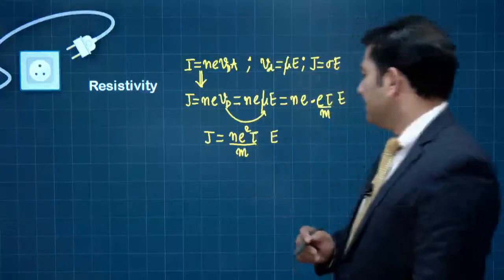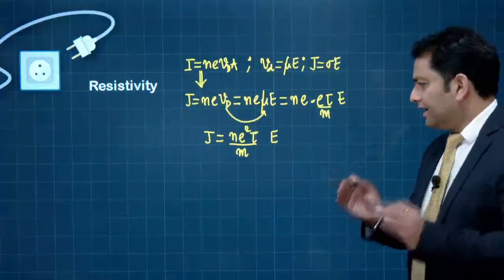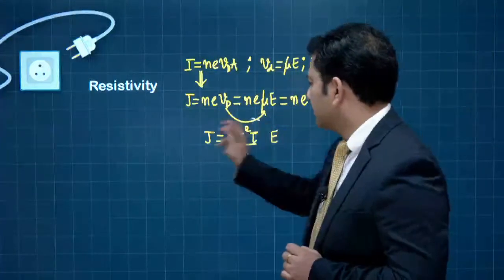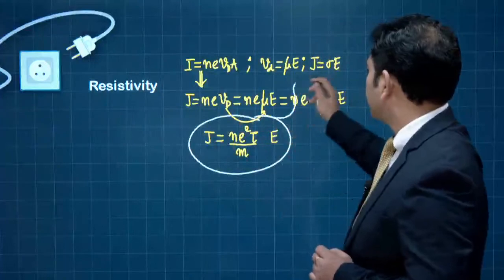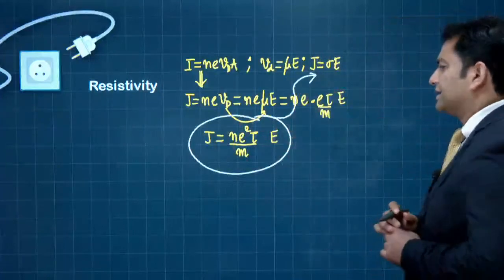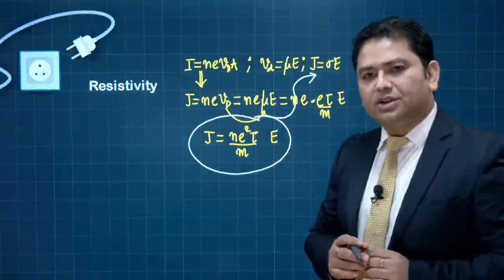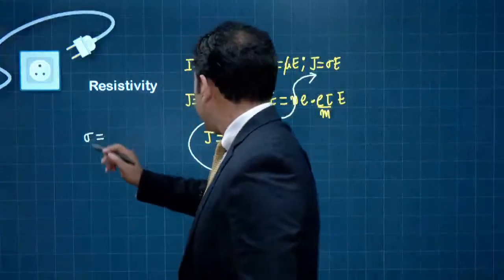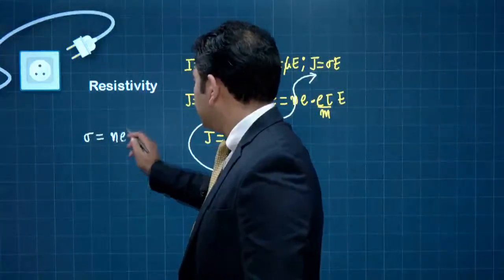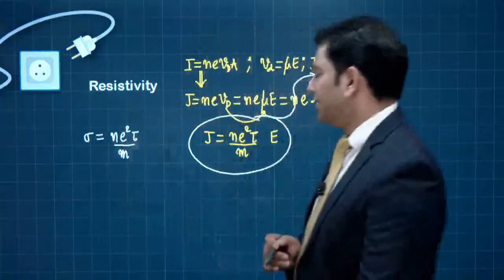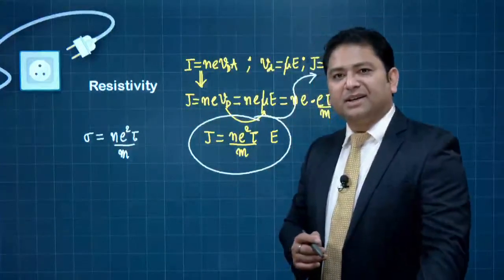Then we suddenly say, hey, can I compare this expression with this? And we will say, why not? Let's compare these two expressions. And in doing so, I get the value of conductivity as N e squared tau divided by m. That's the value of conductivity, right?